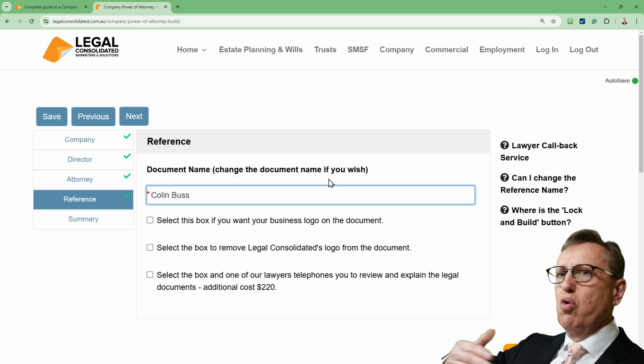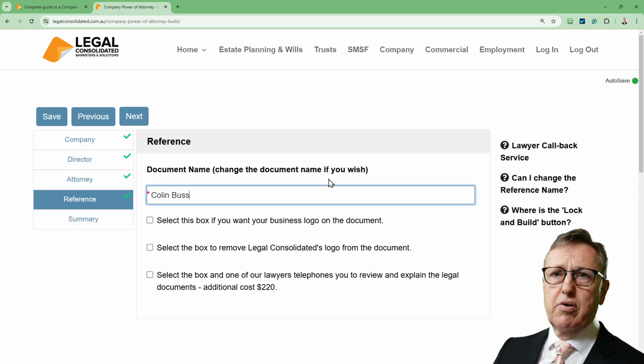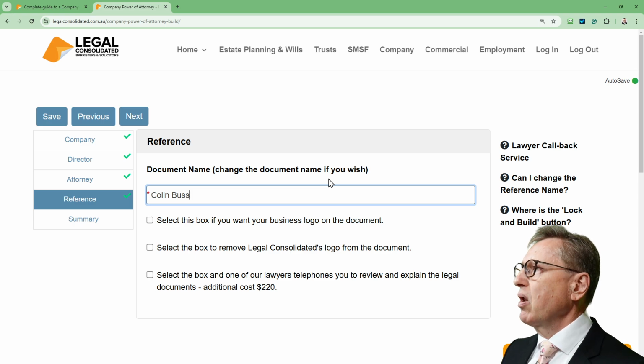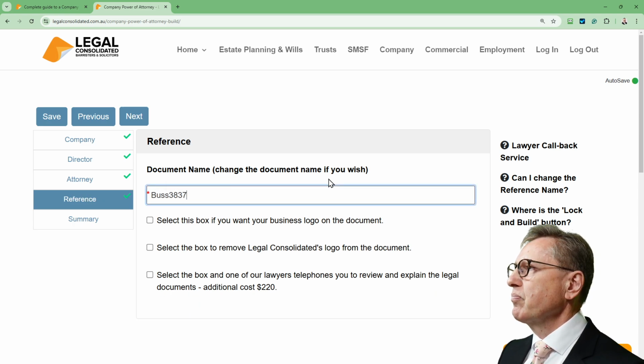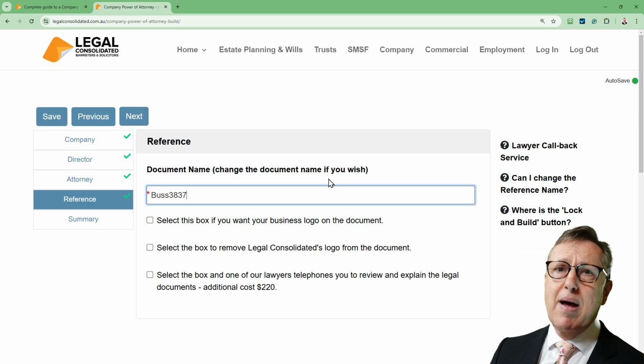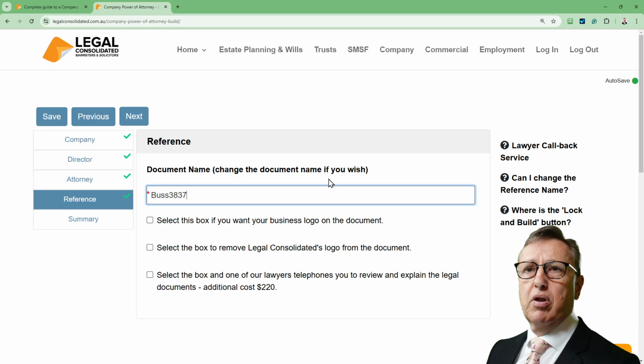They want to store the documents on our law firm's website because we store the documents indefinitely under a client name. So they could be Client Buss or Colin Buss, or their reference number. Obviously, if you're a mum and dad building this document, you just leave it as whatever you want to call it.